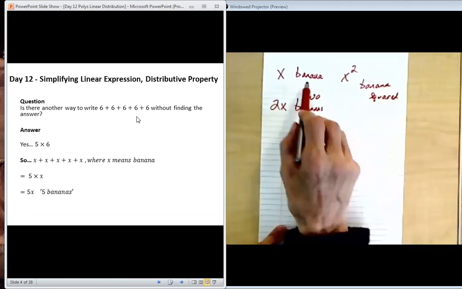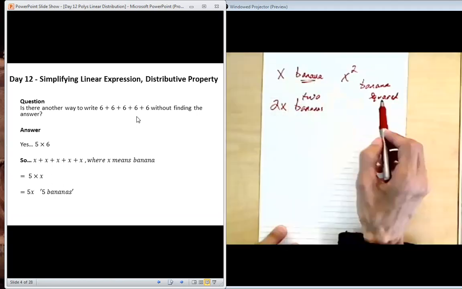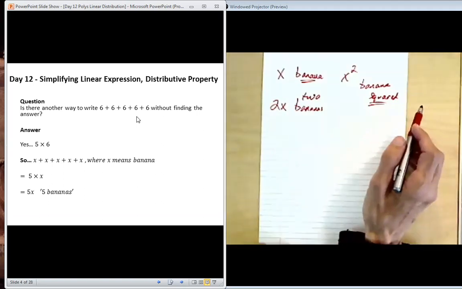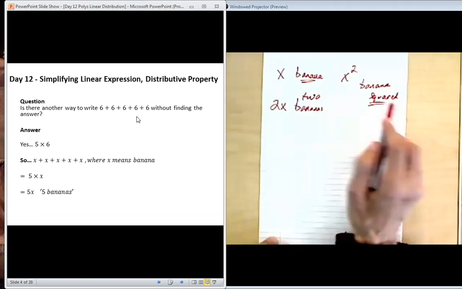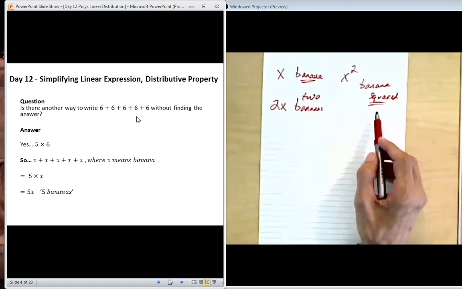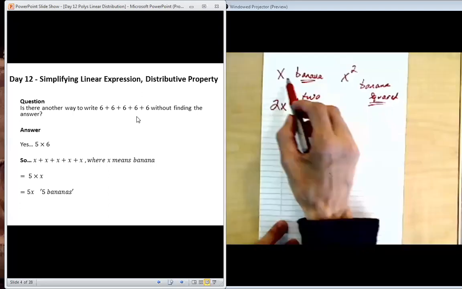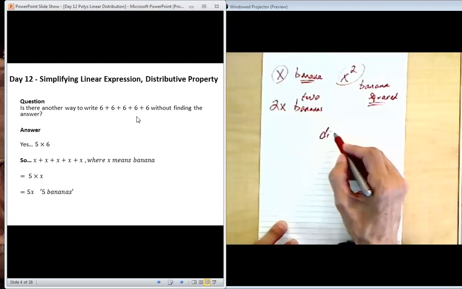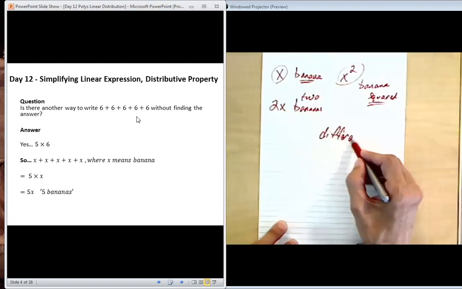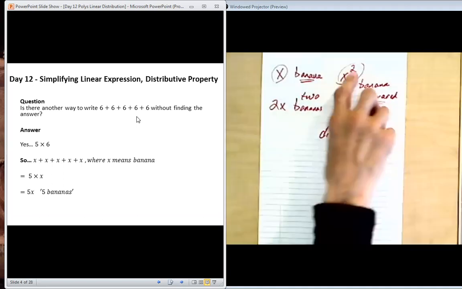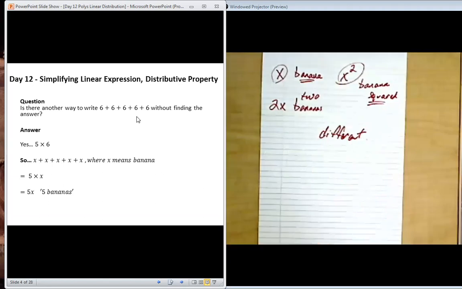My point is, is a banana the same as a banana squared? No, right? I would eat a banana. I wouldn't eat this because I don't know what it is. So it's a cute way to remember that x's and x squareds are different from one another. They both have x's in them, but the exponent up there makes them different, and that's important for today.